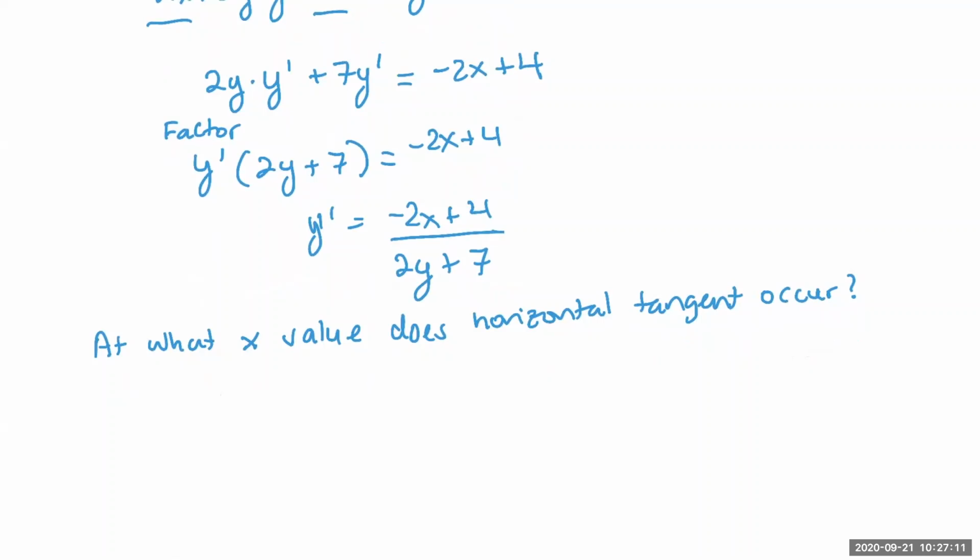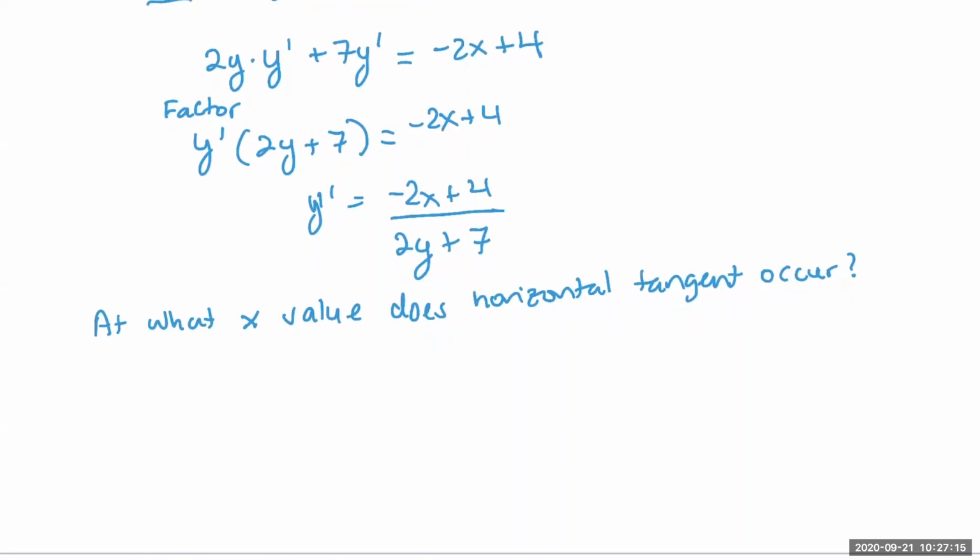And this period is going by so fast, I didn't realize it's almost time. Okay, so the horizontal tangent would occur when the top is equal to 0. So in this case, you set the top equal to 0, and it did ask for an x value. So when you guys solve for this, you get x equals +2.